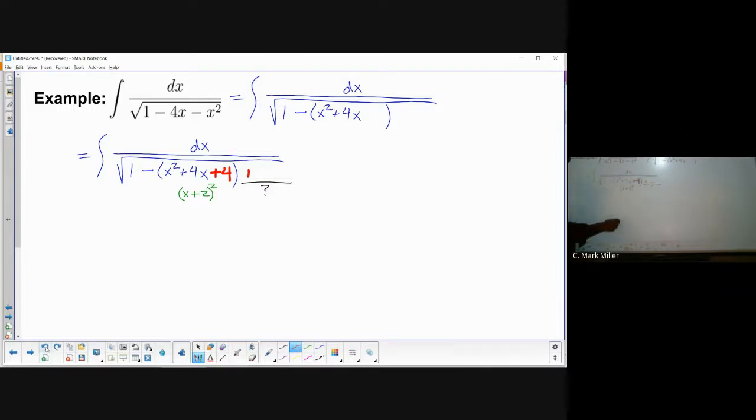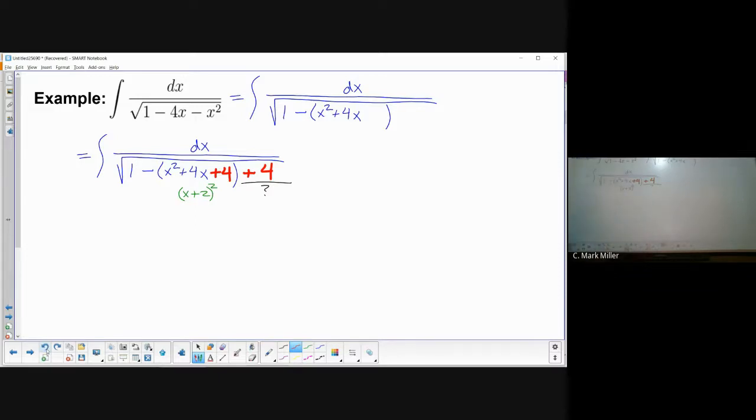So this is going to be a plus 4. And the reason why, this 4 that's inside the parentheses, it gets hit by this minus sign. So when I put that 4 inside the parentheses, I decrease the value by 4.